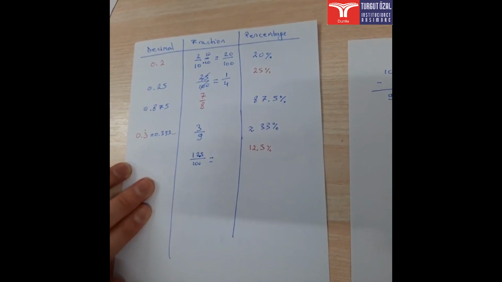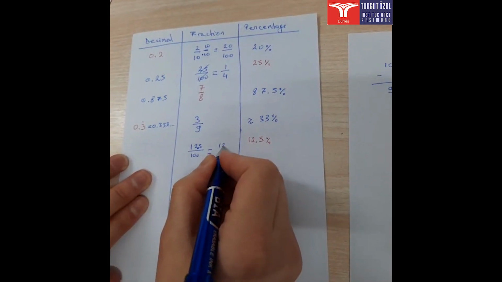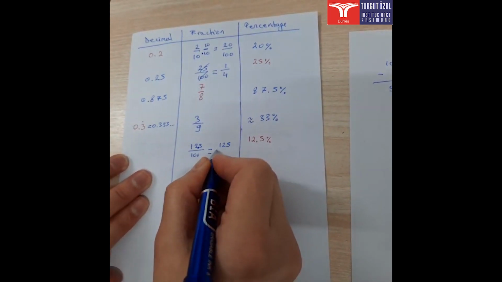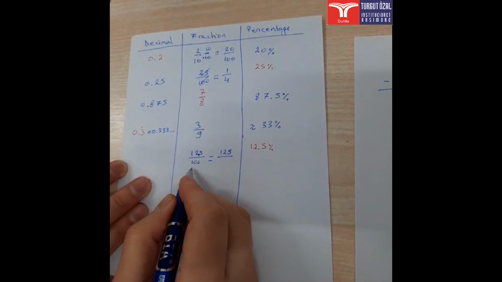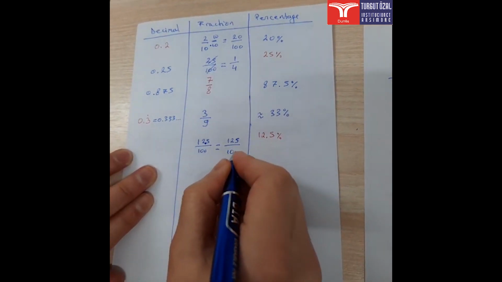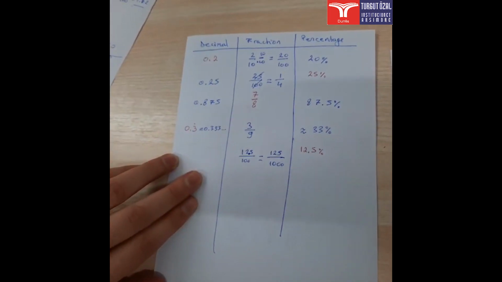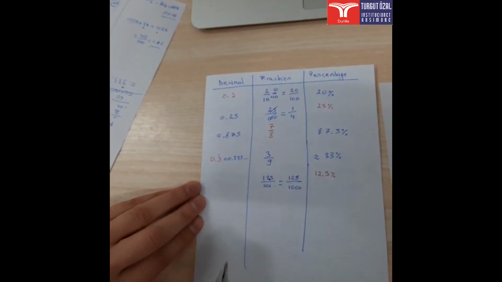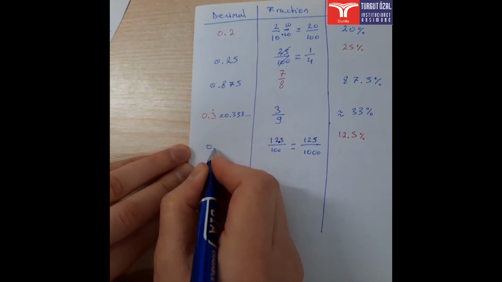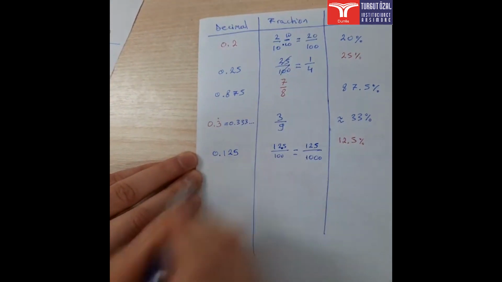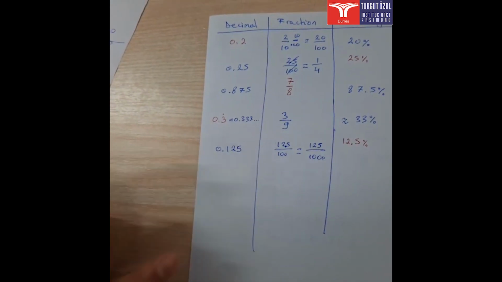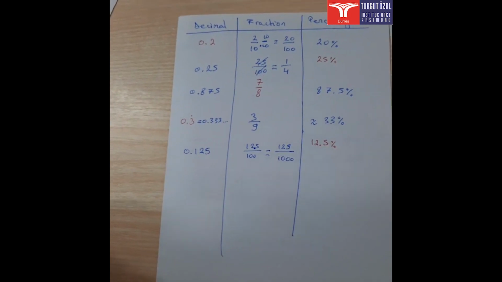That's why I'm multiplying with 10, which will make 125 over, I'm multiplying the 100 with 10 too, 1000. And as a decimal number, it will be 0.125. You can continue with the other exercises in the same way.